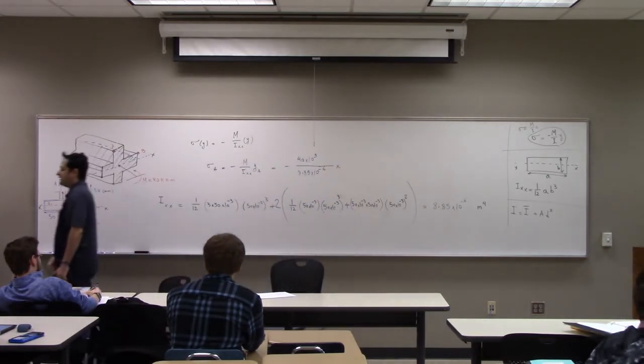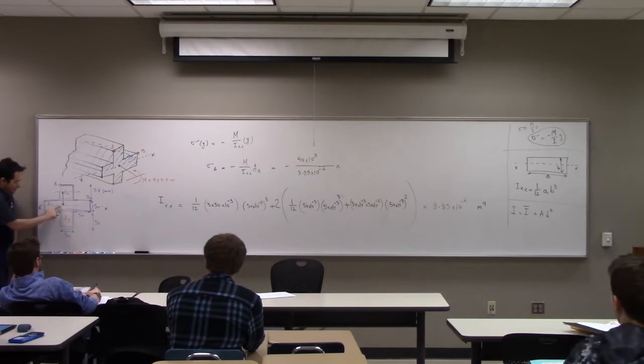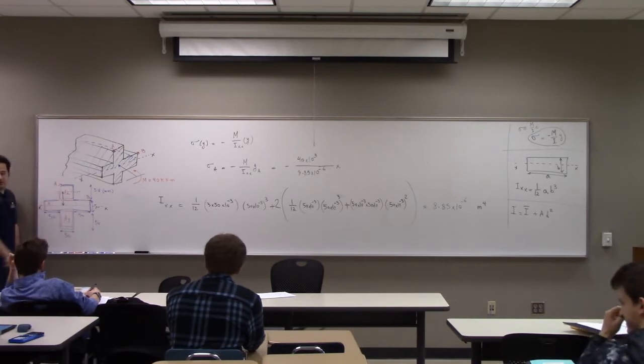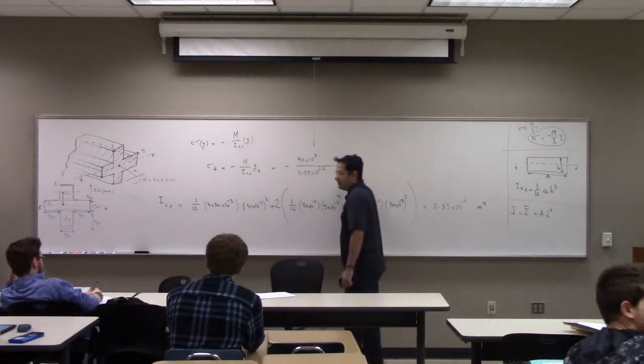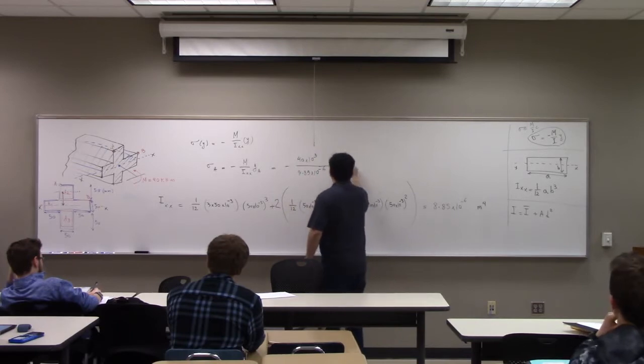What is yA? From here to here, 25 plus 50, 75. So what should I put here? 75 times 10 to the negative 3.